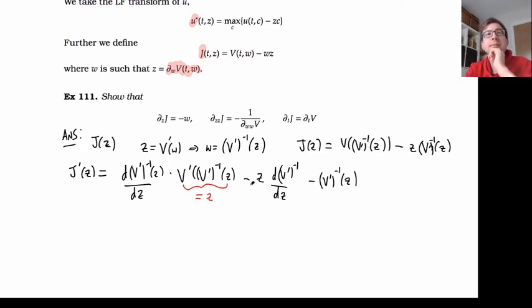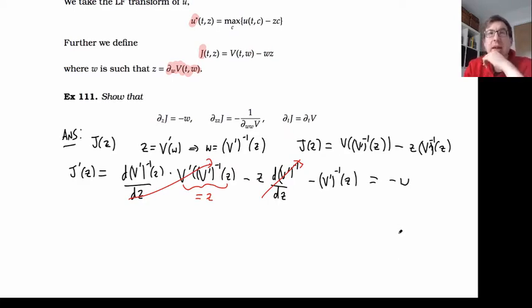Then notice that we've got this strange derivative times z in both expressions here. We've subtracted them off each other, so this is going to cancel with this. All I'm left with is minus v dash to the minus 1 of z, which I can see from this expression is just w. So all this is just w.